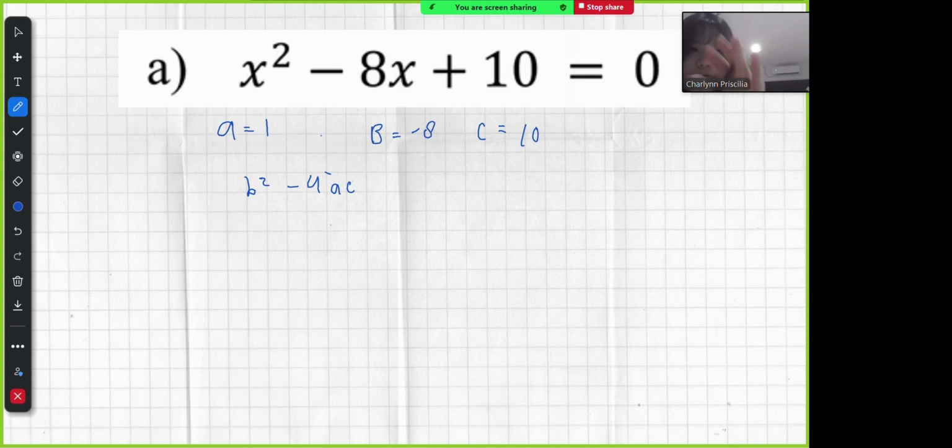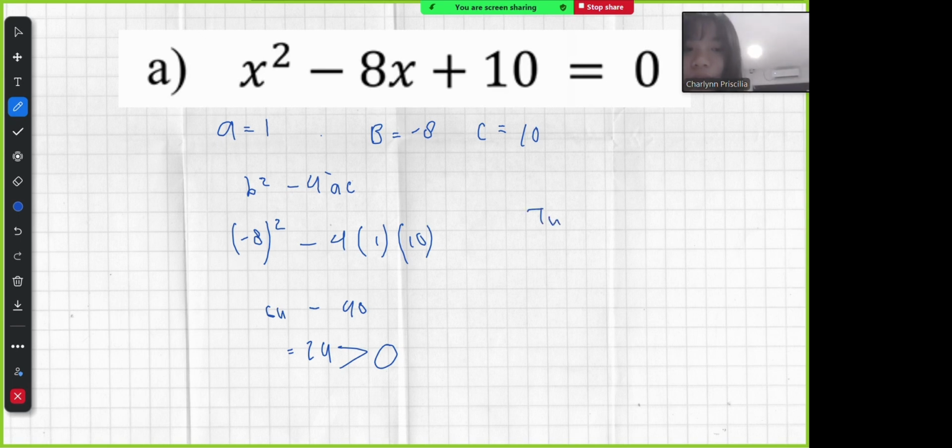So we put the numbers into the expression: (-8) squared minus 4 times 1 times 10. That's basically 64 minus 40 equals 24, right? And 24 is obviously greater than 0, meaning that this equation has two real solutions.